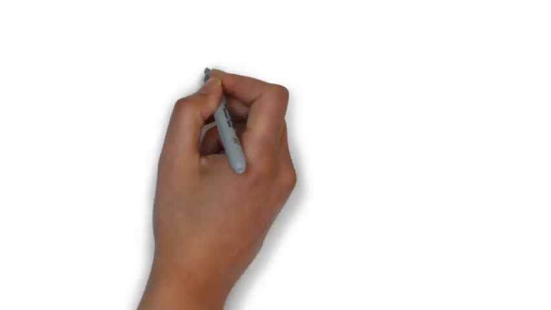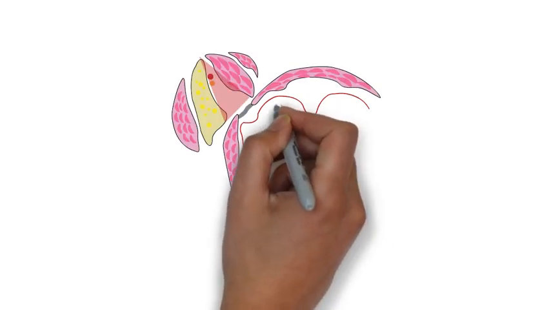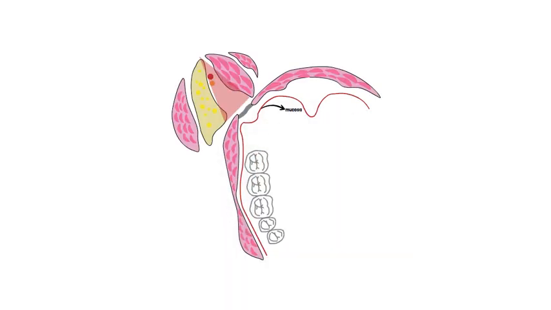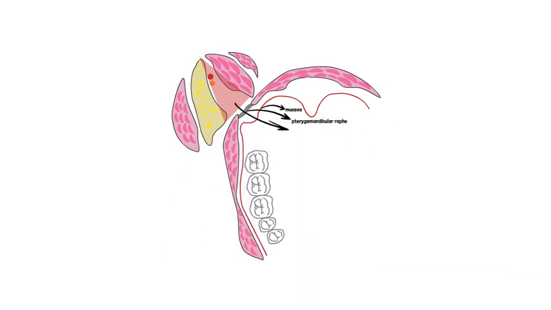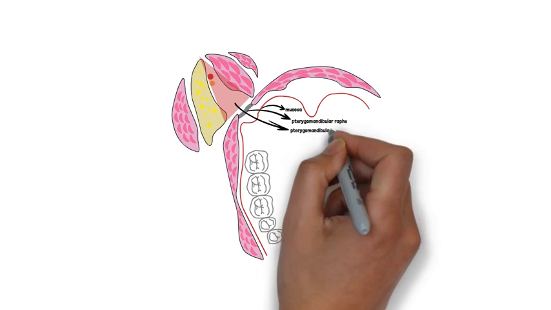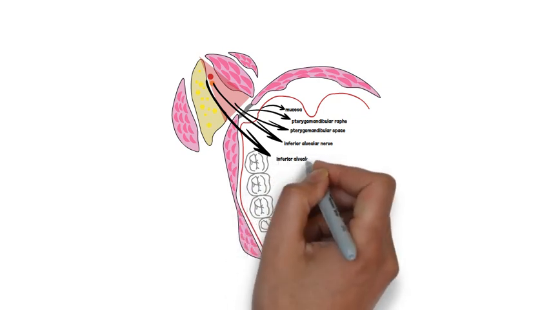Now a little bit about the anatomy of the site. While inserting the needle, it passes through mucosa, pterygomandibular raphe. Then inside the pterygomandibular space, which contains lingual nerve, inferior alveolar nerve, and inferior alveolar vein and artery.